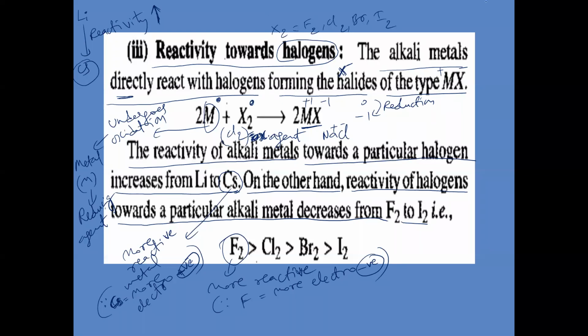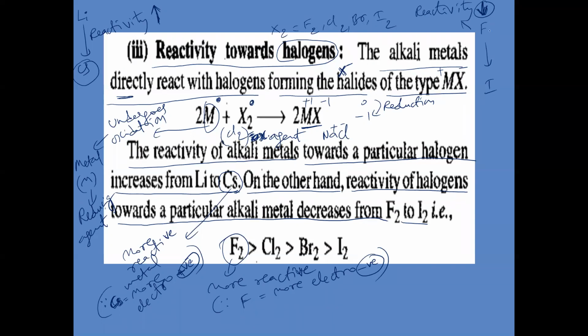But if you take halogens, fluorine to iodine, reactivity decreases. Why does reactivity decrease among the halogens from top to bottom in the group?